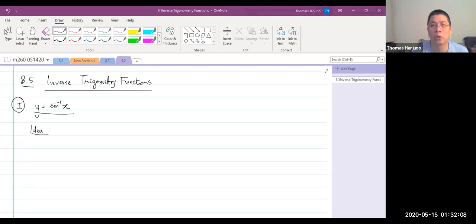Okay, so let me show you first the graph of the sine. I don't know why my pen doesn't go. Give me a second.